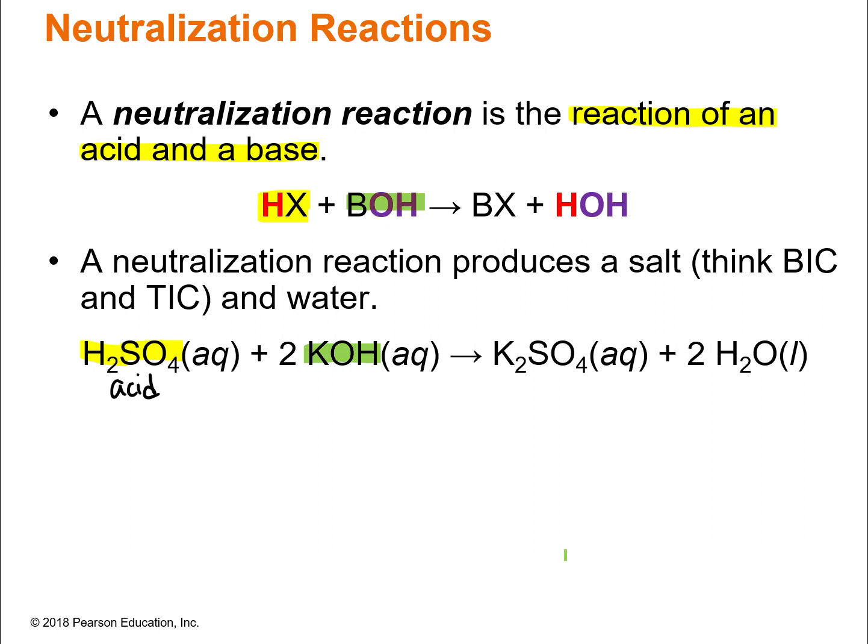I'm here to teach you about the general neutralization reaction. So for our purposes, if you see OH plus a metal, then you've got a base. In our example, we've got potassium hydroxide, but it could be sodium hydroxide, it could be any hydroxide.